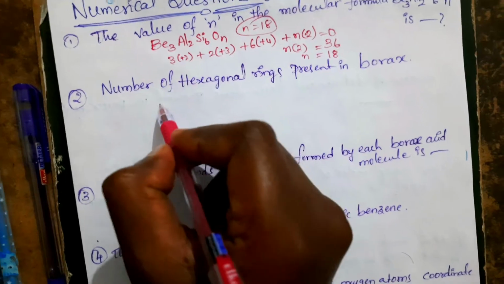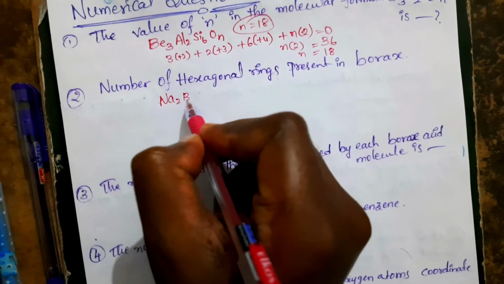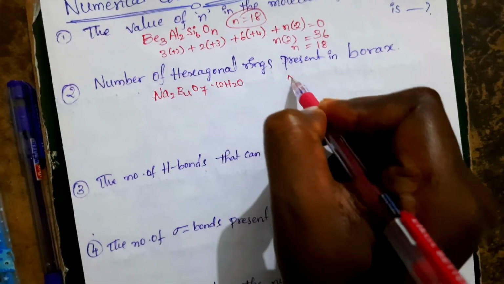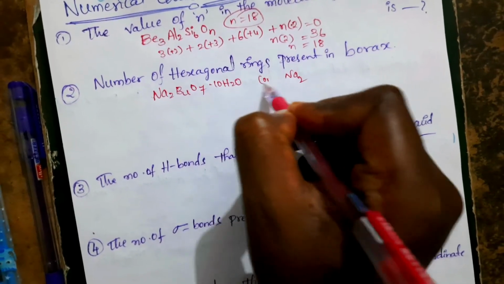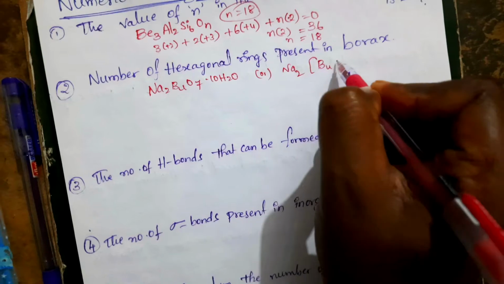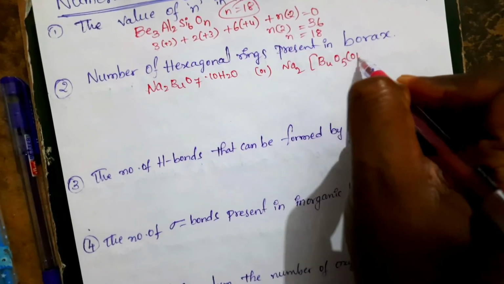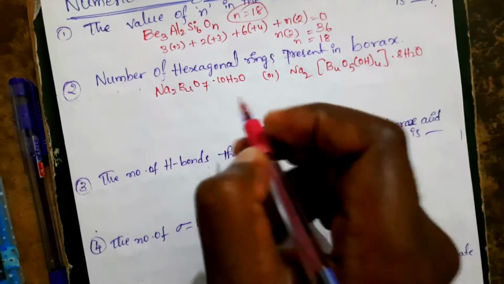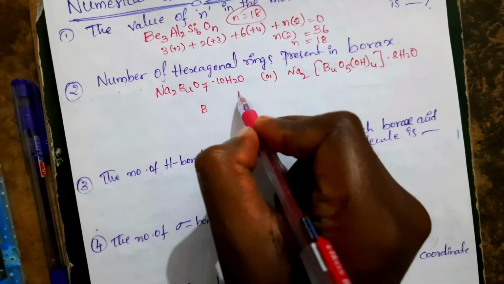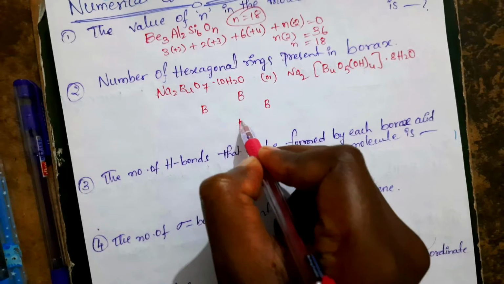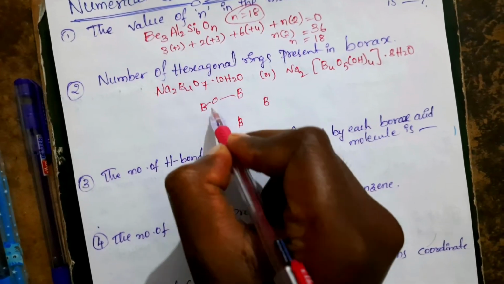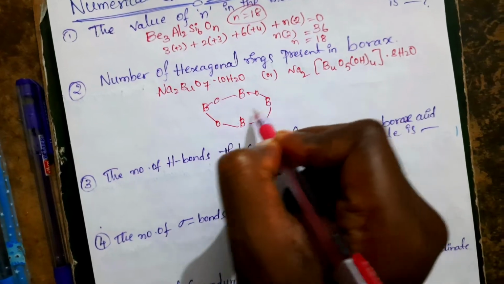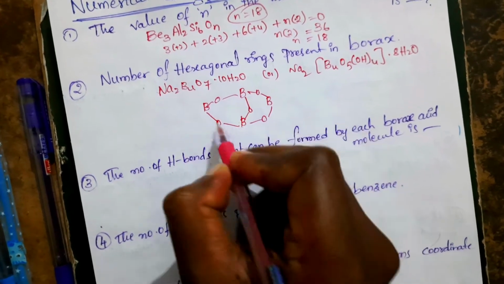Just now we had seen borax, Na2B4O7.10H2O. It can be written as Na2B4O5(OH)4.8H2O. Here you can see how many borons there are: the 4 borons which are shared with 5 oxygen atoms between these 4 boron atoms.